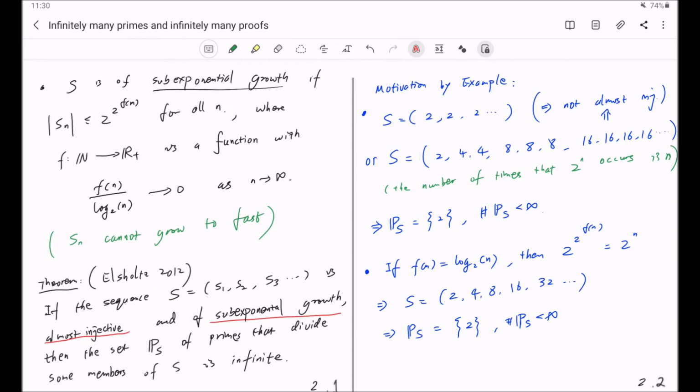Now, why is the set S of sub-exponential growth? How would you take f, a function from the set of positive integers to positive real numbers?